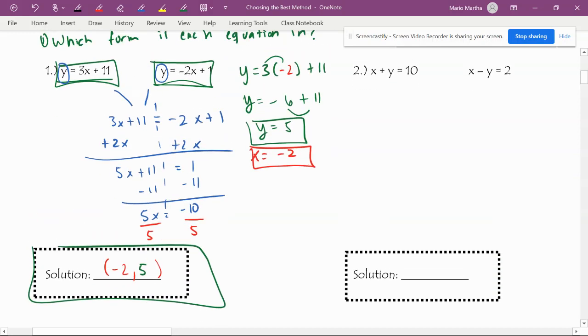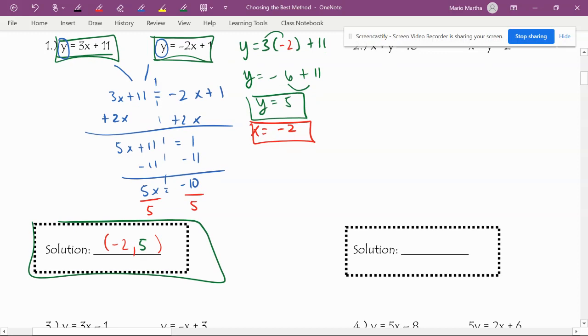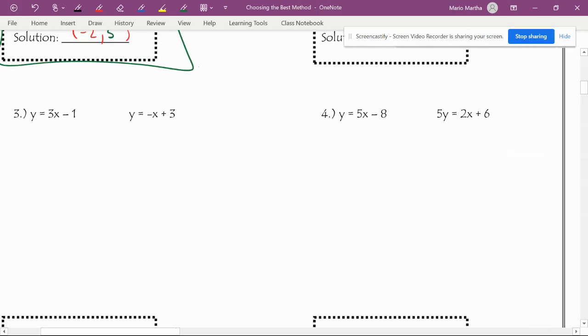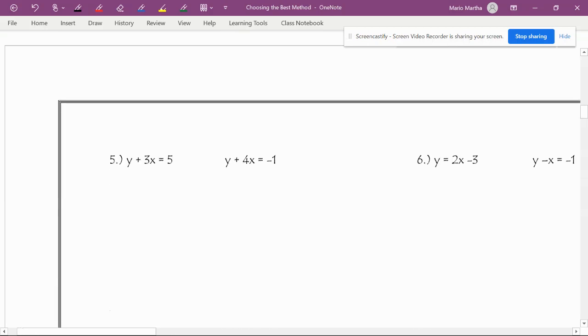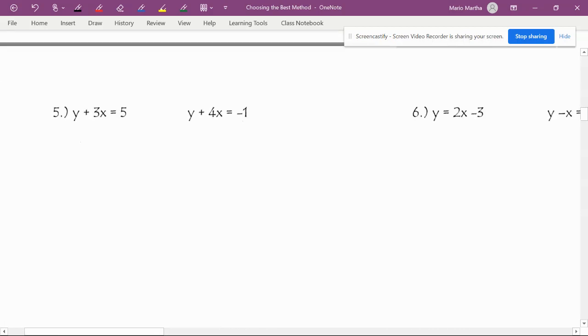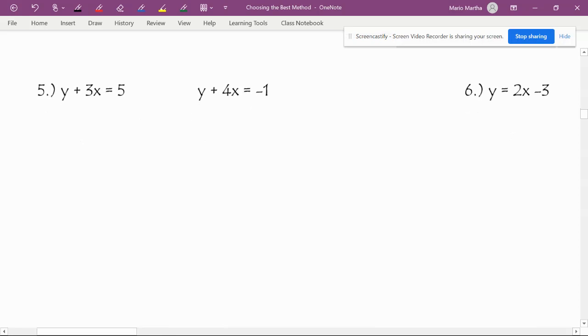The second one, again, I'm going to go over is one that we can use either the substitution or elimination method. So right here, we have y plus 3x equals 5, and then y plus 4x equals negative 1. So what we want to do, if you guys notice, both of these are, again, in standard form, right?